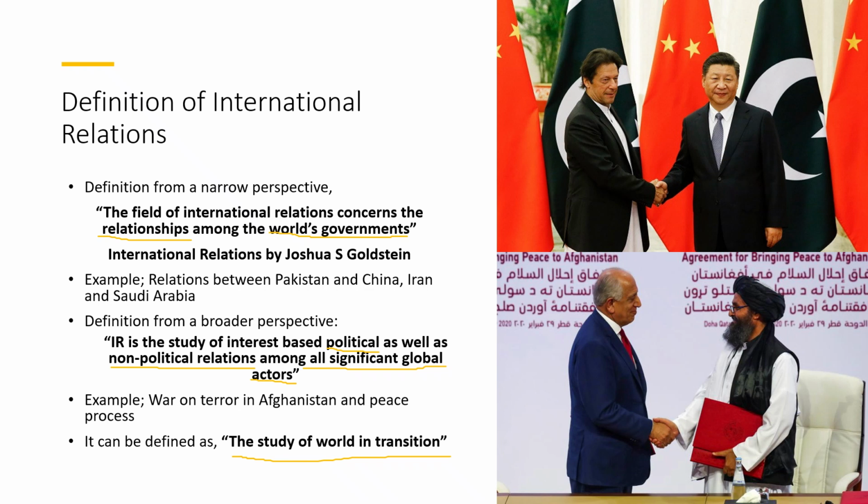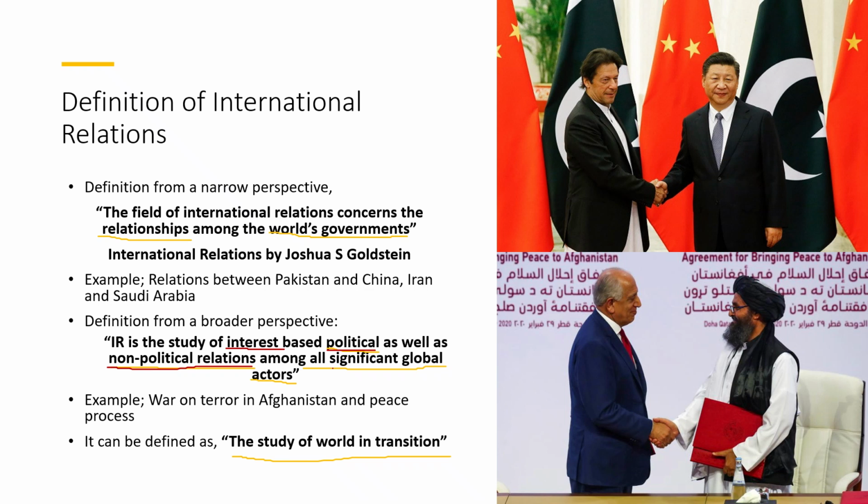Before moving on, students, here in the comprehensive definition of IR from a broader perspective, we have learned some terms. And I think that to make a good understanding of this definition, I should explain these terms. Terms like political as well as non-political relations. Then interest, what kind of interest?